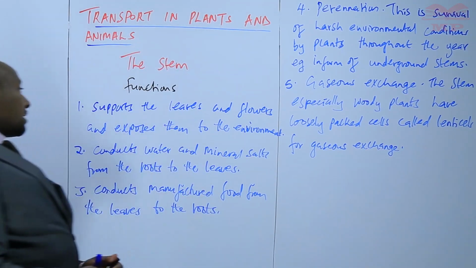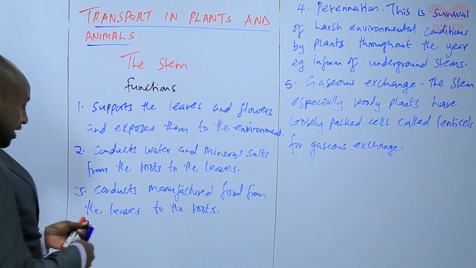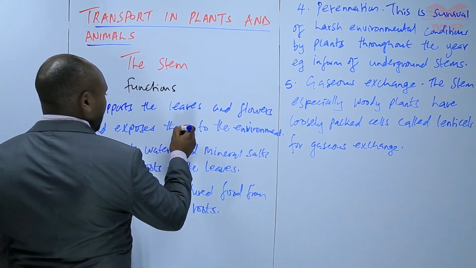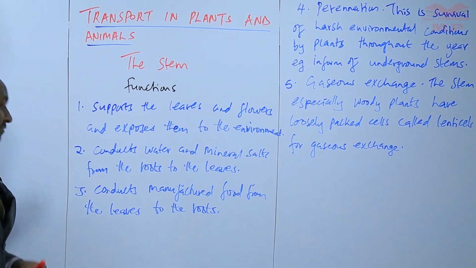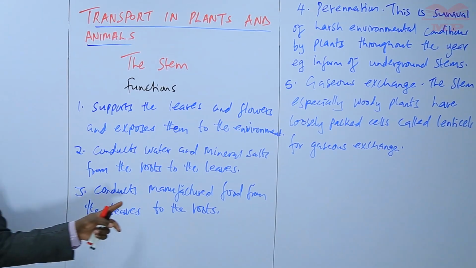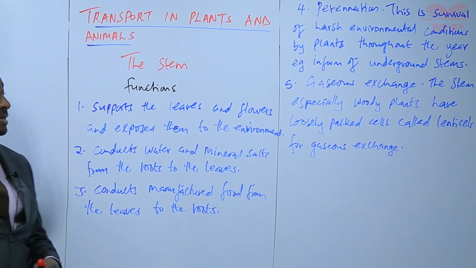We've seen that the stem supports the leaves and flowers and exposes them to the environment. Number two, it conducts water and mineral salts from the roots to the leaves. It also conducts manufactured food from the leaves to the roots.